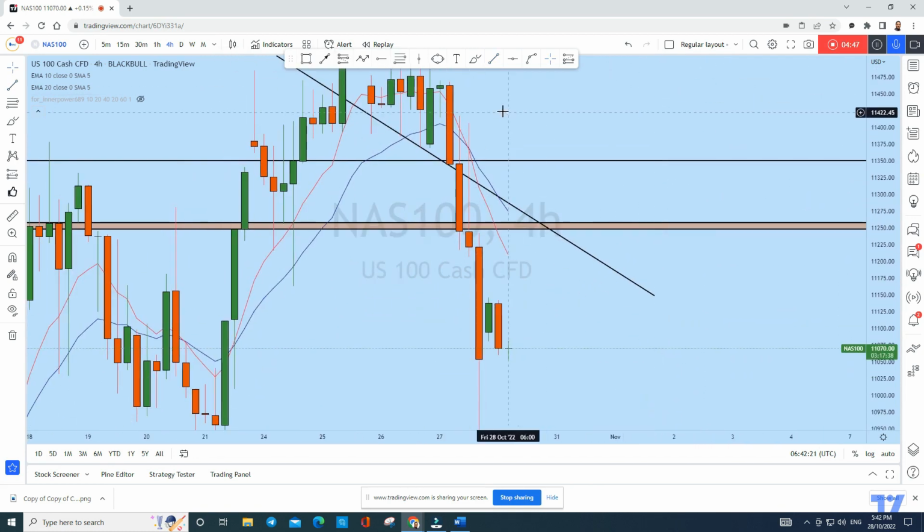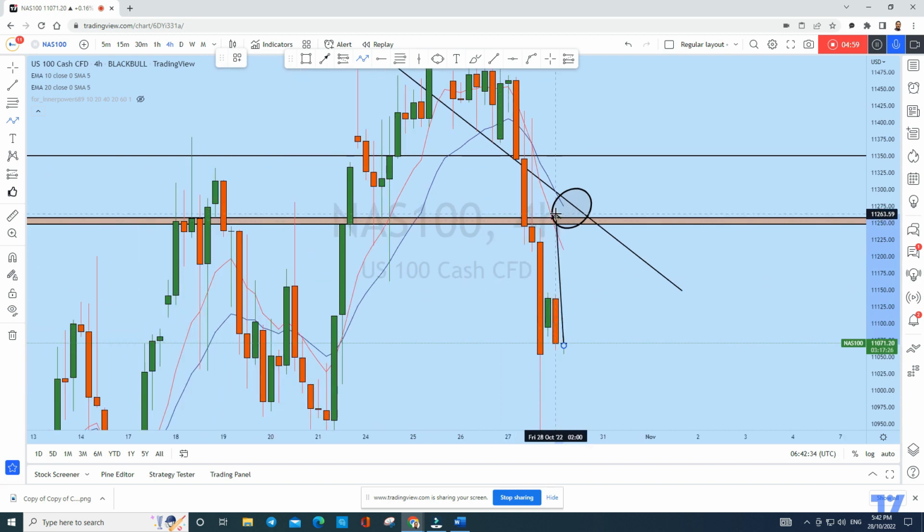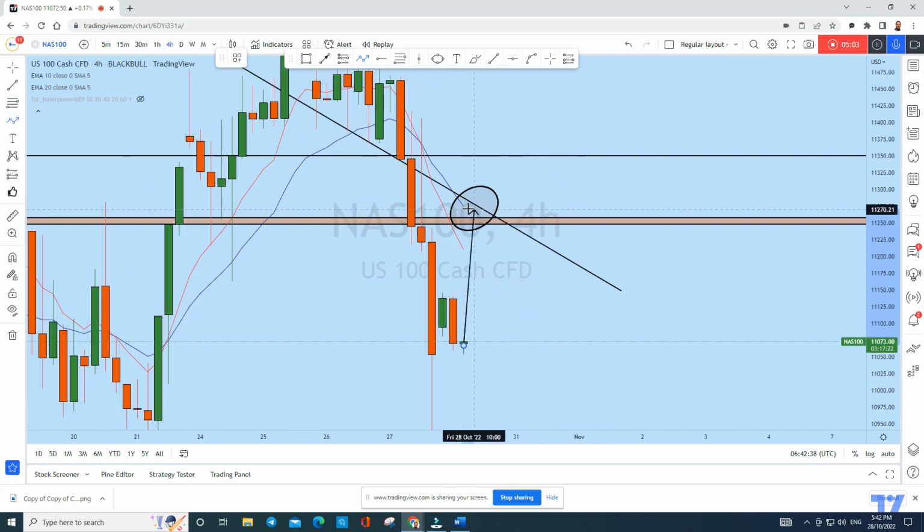I think that later today the price will rise up to this level. This is a very high area of value, which is the daily 20 period moving average and also the 4 hour 20 period moving average.